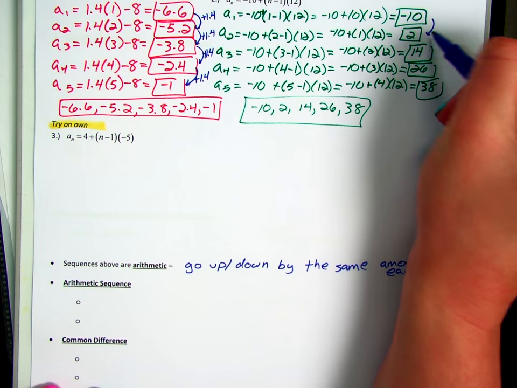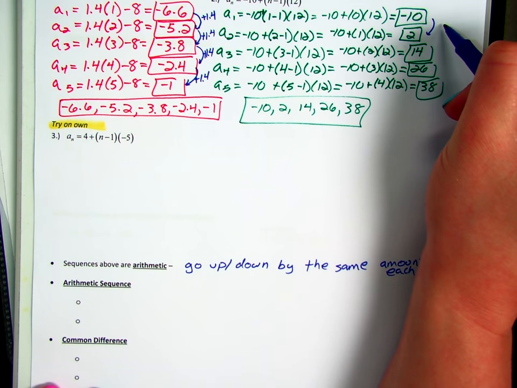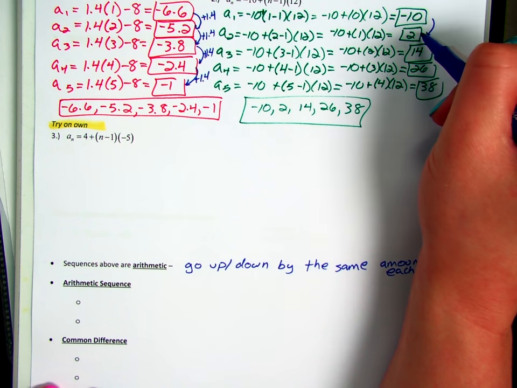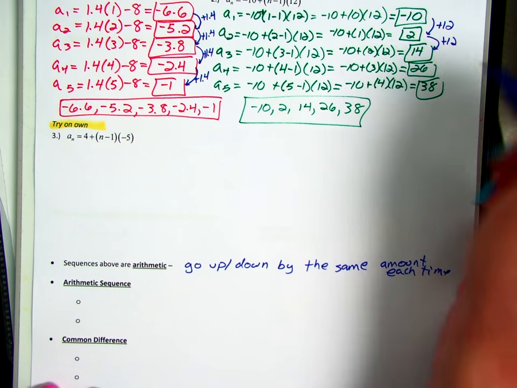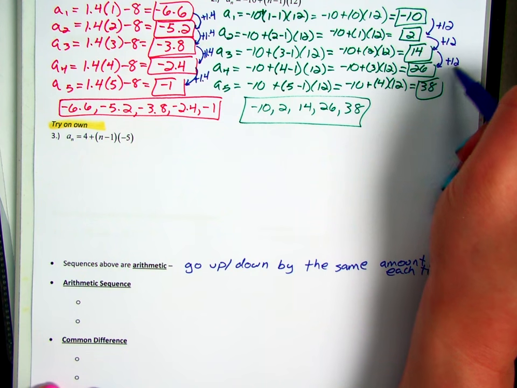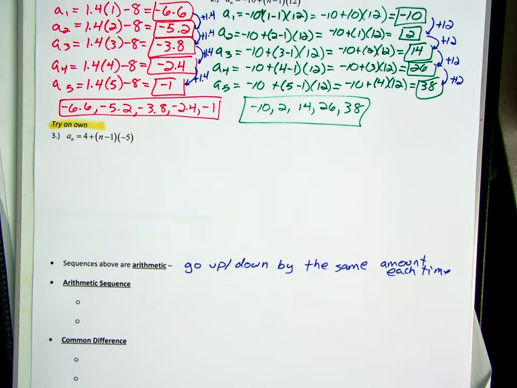The same thing happens here. What would I have to add to negative 10 to get to 2? I would have to add 12. And 2 plus 12 is 14, and 14 plus 12 is 26, and 26 plus 12 is 38. So I know these are arithmetic because we go up by the same amount each time.